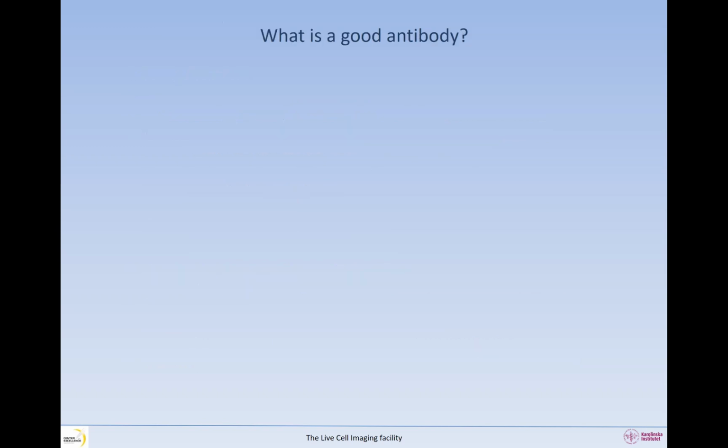So let's move on and let's see how we characterize an antibody. What is a good antibody? A good antibody should fulfill the following criteria. It should be specific, which is the most critical issue. So it should only detect the target antigen.